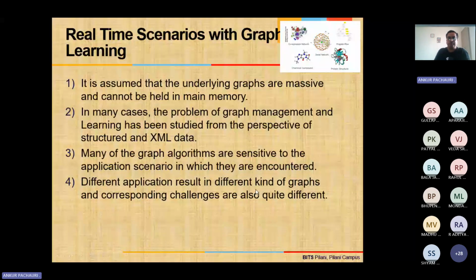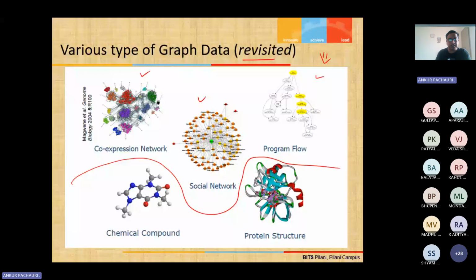Okay, fine. So just a quick summary of the different kinds of graph that we will be working on. The type of graph can be social graphs, in which there are the users as well as their interactions. We have devoted around 15-20 minutes on this slide in the first session. If you're missing it, I request you to go through the recording of the previous session.